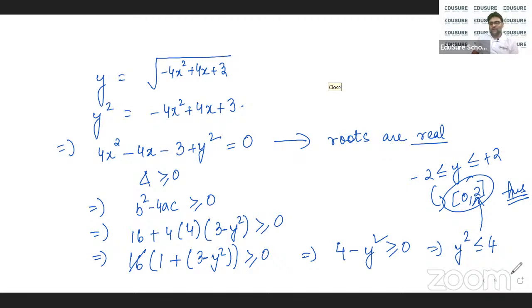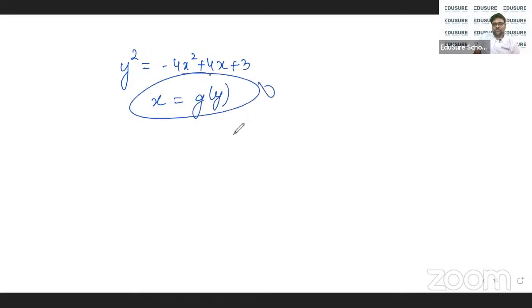Inverse approach, you can't do it here. How do you write it in terms of, if I have y square is equal to minus 4x square plus 4x plus 3, how do I write x in terms of y? Not possible here. It's not possible. That is exactly why I showed you all the three approaches.